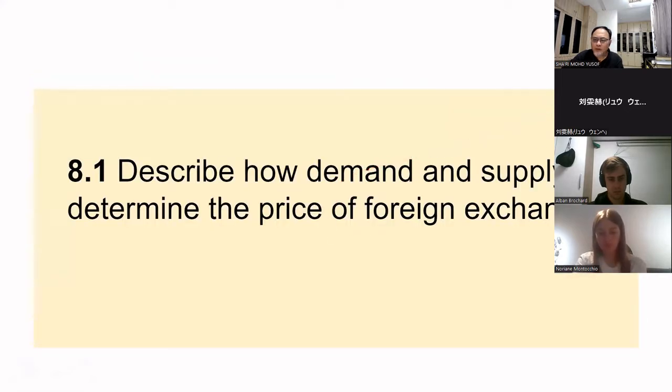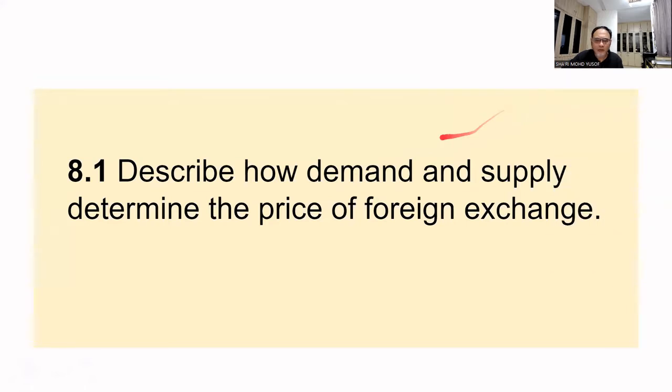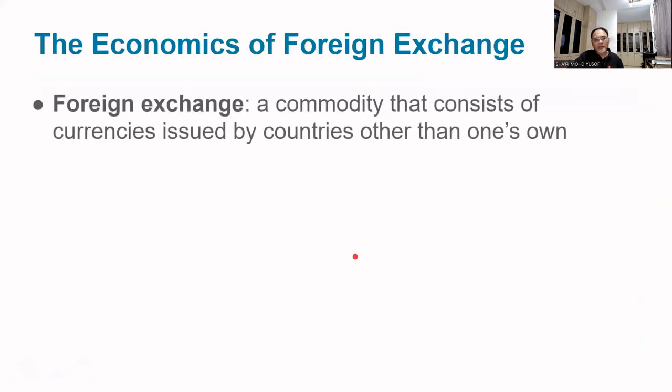So the first objective is to describe how demand and supply determine the price of foreign exchange. Foreign exchange is a commodity that consists of currencies issued by countries other than one's own. If Japan issues yen, the US issues US dollars, and so on.